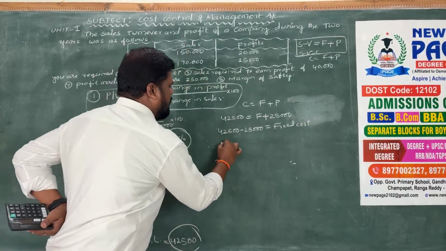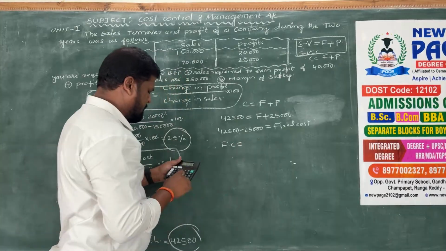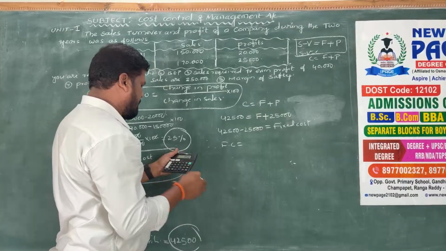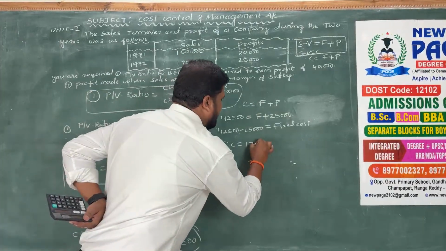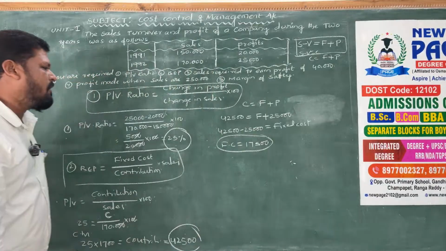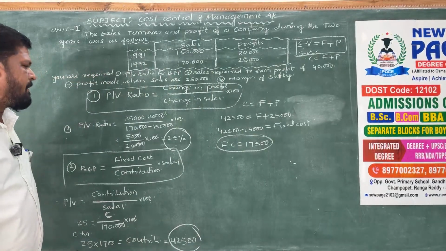Right? Therefore, fixed cost is equal to 42,500 minus 25,000, which is 17,500. Fixed cost is equal to 17,500.